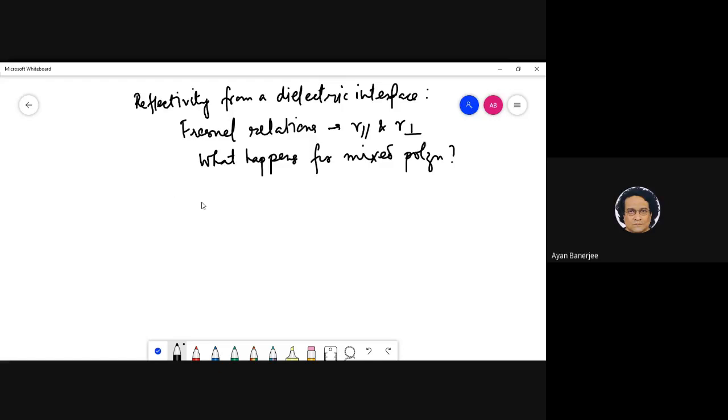So that basically means it's a combination, or maybe superposition is a better word, of P and S polarization. How would you generate it?